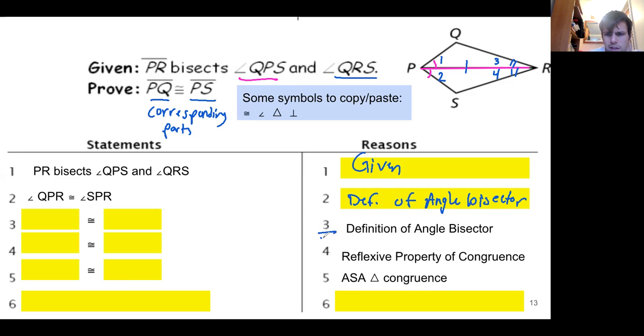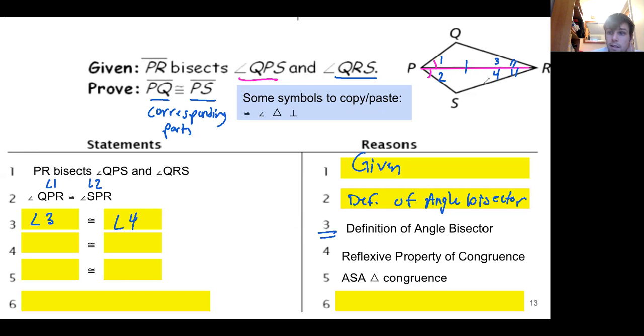Then we use definition of bisector again. So that was one of our angle pairs, so this other angle pair is the other one. I'm going to use the numbers that I had to talk about these. These are really angle 1 and angle 2 in my picture. And those are the 2 angles that we had.